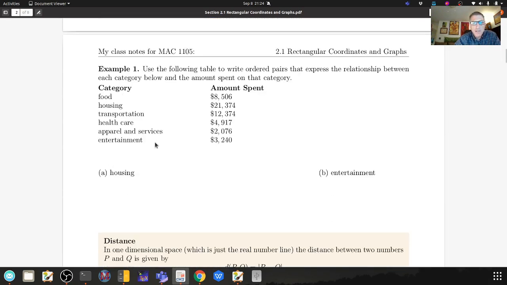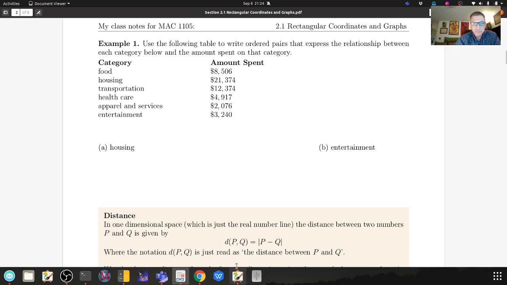So one of the nice things about the coordinate system is we can let the axes designate different values. In this particular case, we have a category: food, housing, transportation, healthcare, apparel and services, entertainment, and an amount spent in each category.